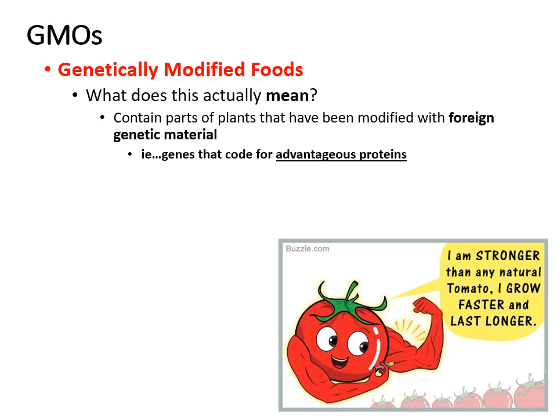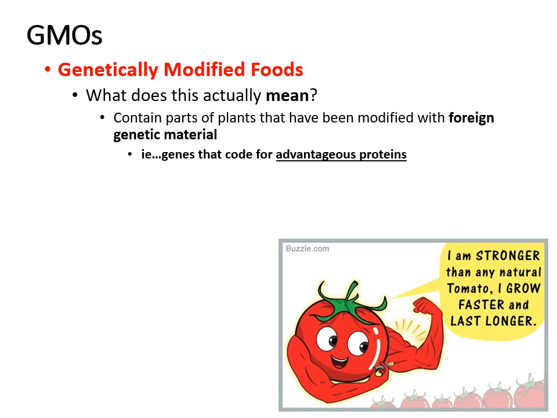And a lot of times what we mean by foreign genetic material is that these genes, or that piece of DNA in that plant, came from either another plant, or it could be genes from an animal or a fungi or even bacteria. So it just means foreign genetic material, meaning not originally from that exact plant.